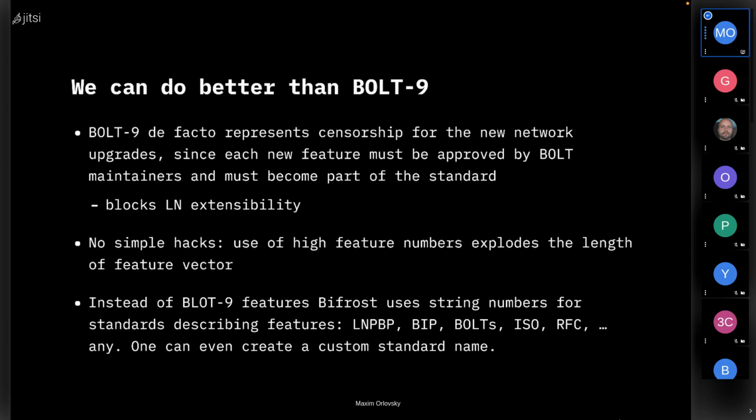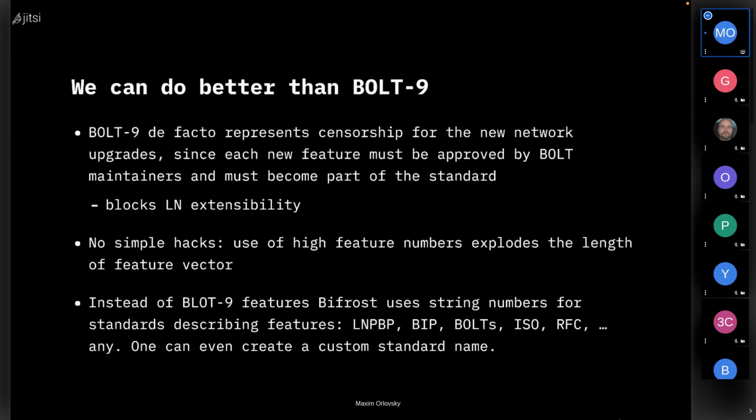So there is an open set of how you can name a specific feature, and it is advised that the name be uppercase letters plus numbers plus dash, and you just specify the standards supported by a certain node, and that would be the way of signaling it. Pretty much the same as it works in Bitcoin.